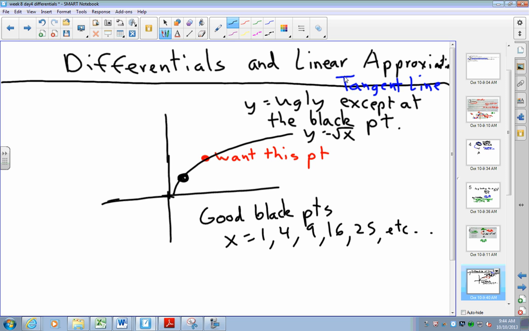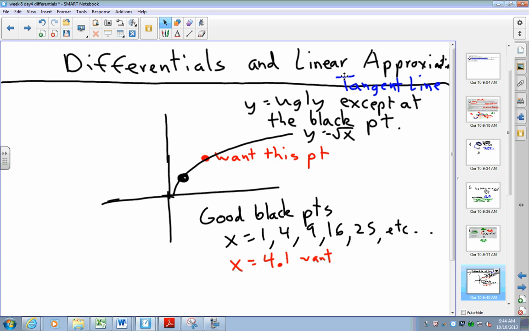You guys agree with that? Okay. So do you need a calculator for those? No. But I might want x to equal 4.1. This is what I want. Nice or ugly? Ugly. Without a calculator, can you get it? Okay.